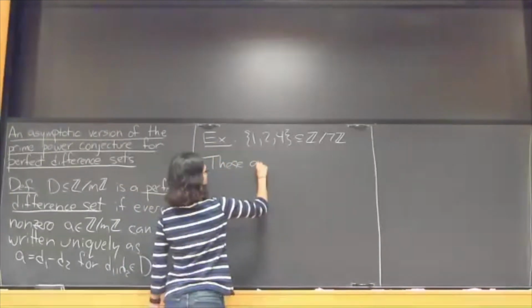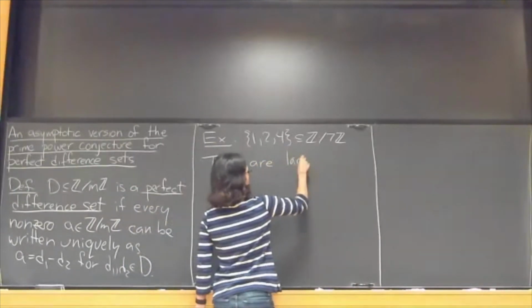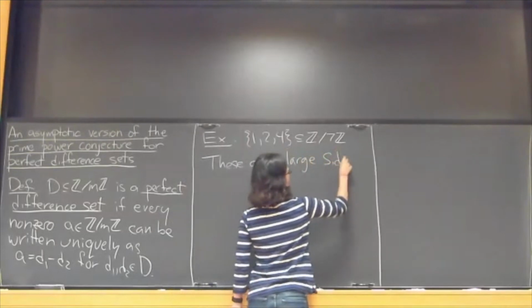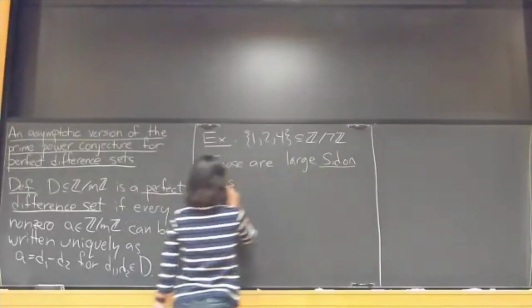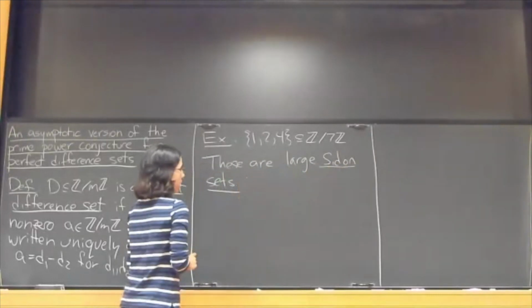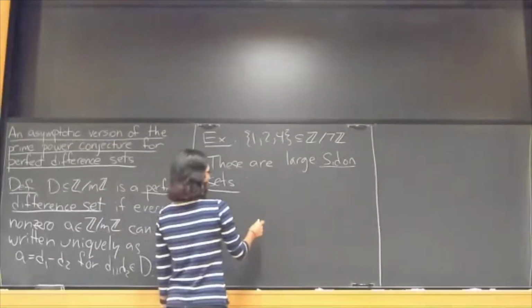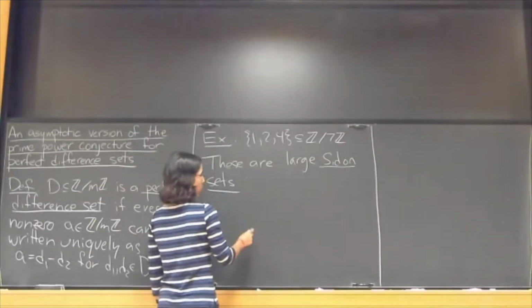These are large Sidon sets. A Sidon set is a subset of an abelian group with no non-trivial additive quadruples.